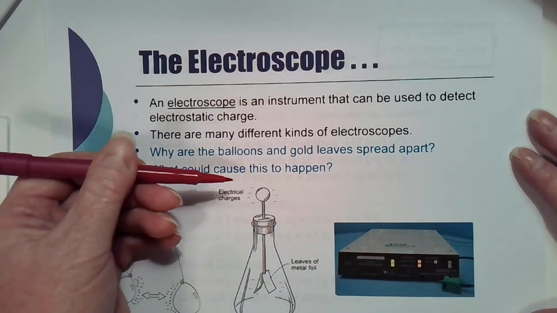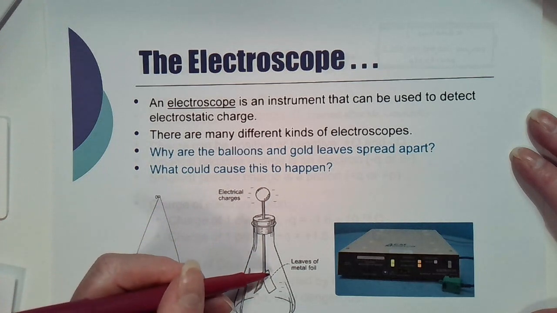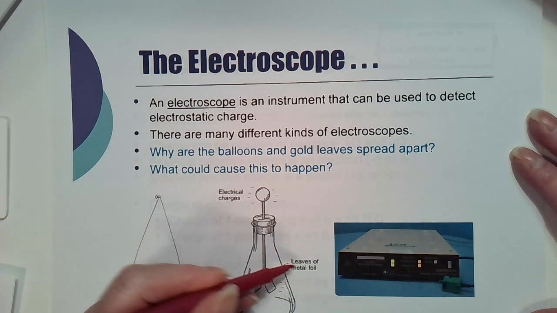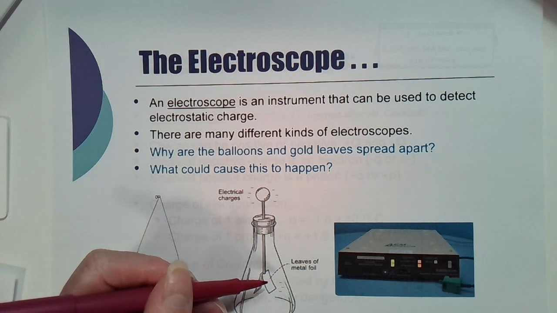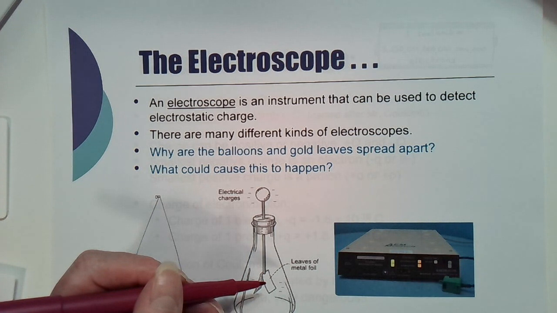I forgot to talk about these. These little guys down here are called leaves. They're really little pieces of aluminum foil, but real aluminum foil is too thick. Do you ever notice that inside a bubble gum wrapper, sometimes there's a teeny thin piece of foil?